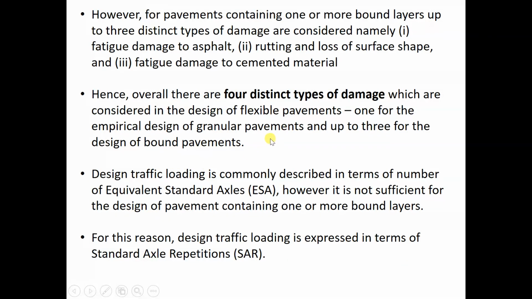Okay, and if we use the bound pavements, then we have to consider mostly 2 or 3 damages. So if you use asphalt but no cemented materials, then it's 2, the asphalt plus the subgrade. If you have a cemented material, there will be up to 3 damages.